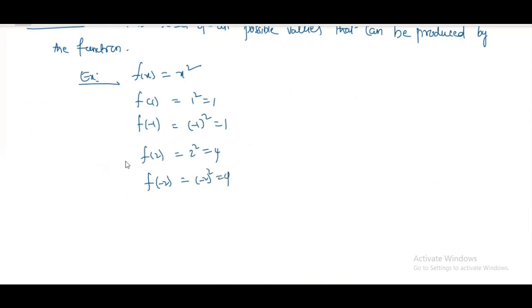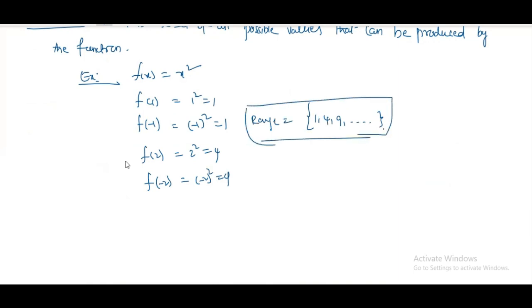So for these numbers, the range we got is 1, 4, 9, like this. By substituting input values, we get outputs like this. This set of output values is called the range.